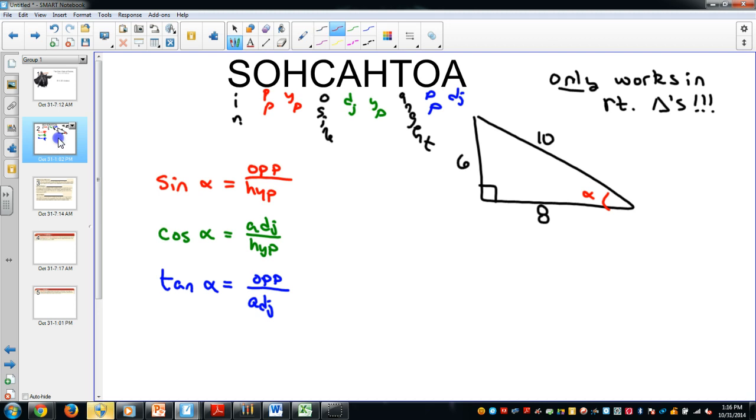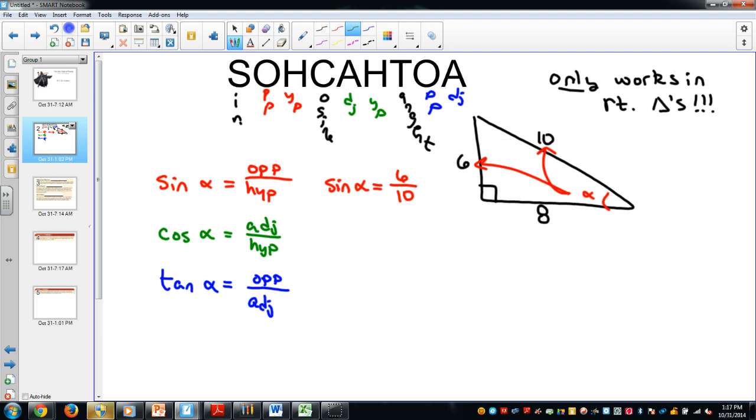So for instance, if I wanted to say the sine of alpha, remember the sine is the opposite divided by the hypotenuse. The opposite is always the side that's directly across from your angle. So the opposite of alpha would be 6. And the hypotenuse would be 10.